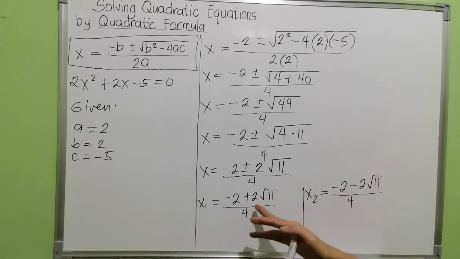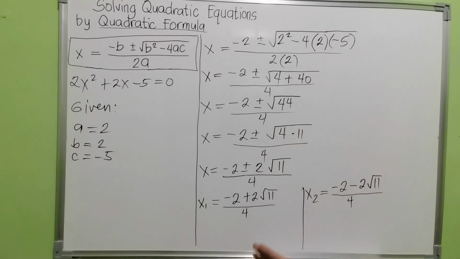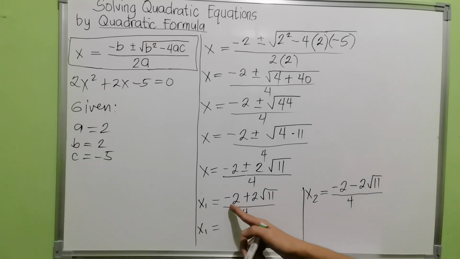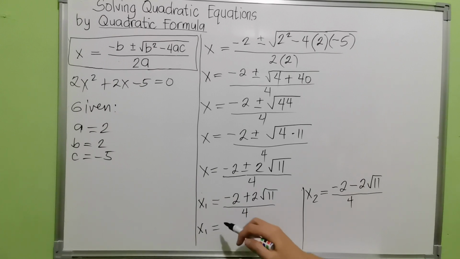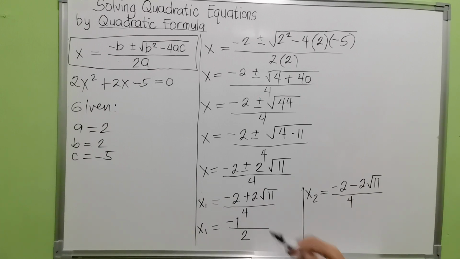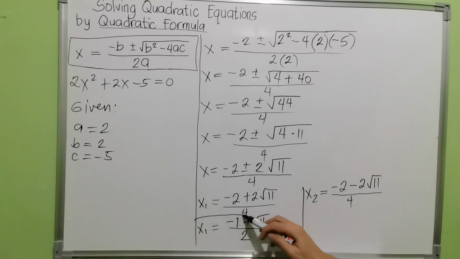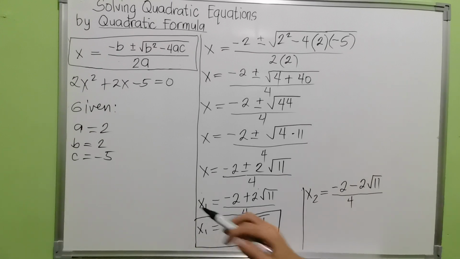Negative 2 divided by 4 becomes negative 1 over 2, and 2 square root of 11 over 4 becomes square root of 11 over 2. So x sub 1 is negative 1 plus square root of 11, divided by 2.